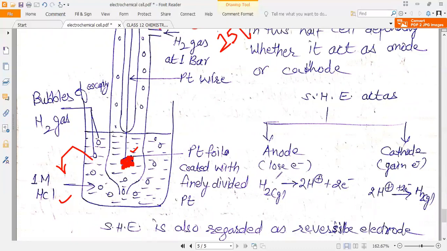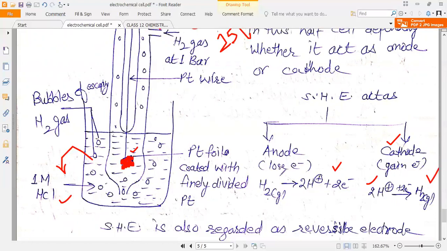Hydrogen gas will lose electrons and convert into H plus, and 2 electrons will be released. And if SHE reacts as a cathode, then what will happen? This SHE will gain electrons and convert into H2, meaning 2H plus will gain electrons and convert into H2.